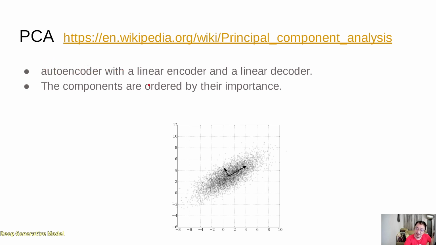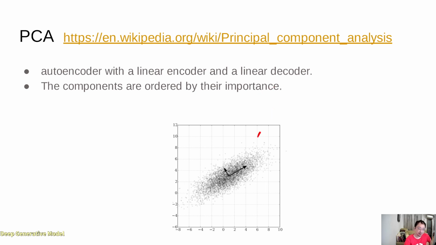But it doesn't necessarily have to be one, because PCA is not just a linear autoencoder with a linear encoder and a linear decoder. It needs to have certain properties. Roughly speaking, the restriction is that the components are ordered by their importance. We choose the most important component, and the second one is the second most important, the third one is the third most important.